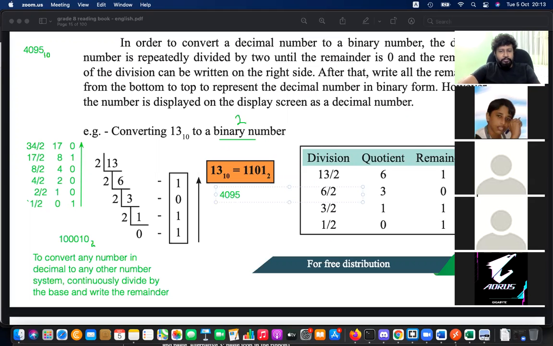4095 divided by 2 is equal to 2047, and remainder is 1. Let's continue that now.